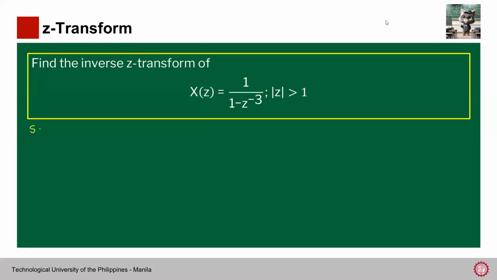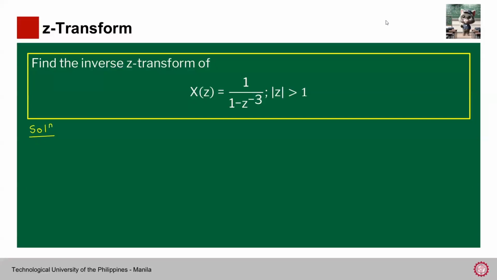So we will solve the question, guys, and I will share with you the techniques for solving the inverse Z transform. And as I mentioned, usually we use partial fraction decomposition. So what does it say here? Our X of z is 1 over 1 minus z raised to minus 3.